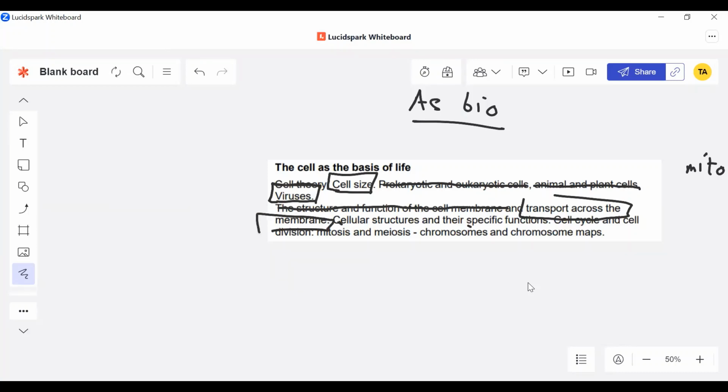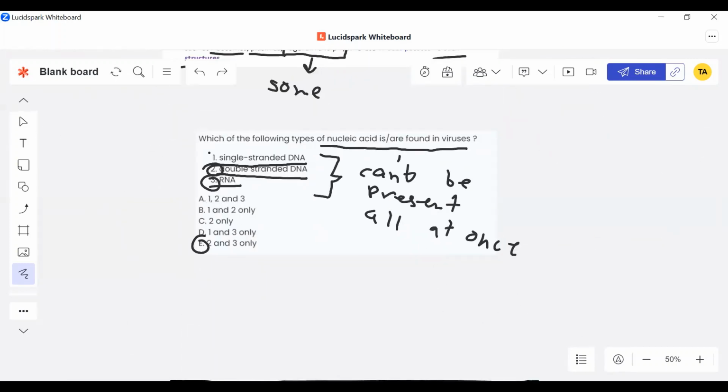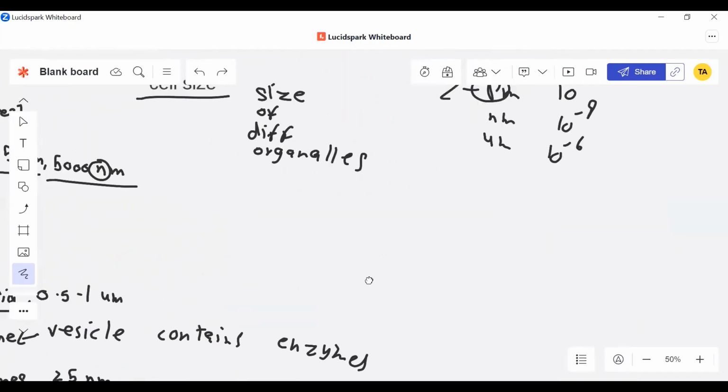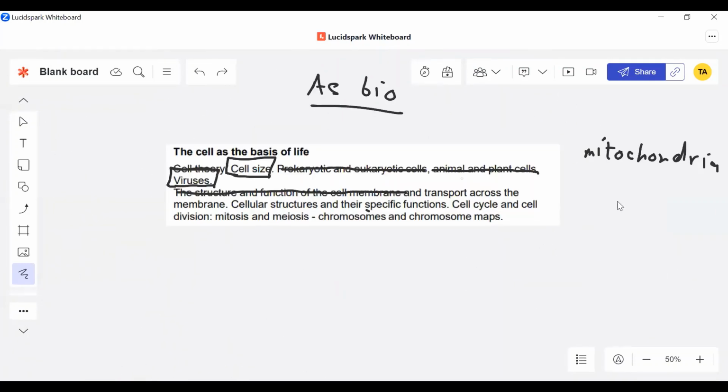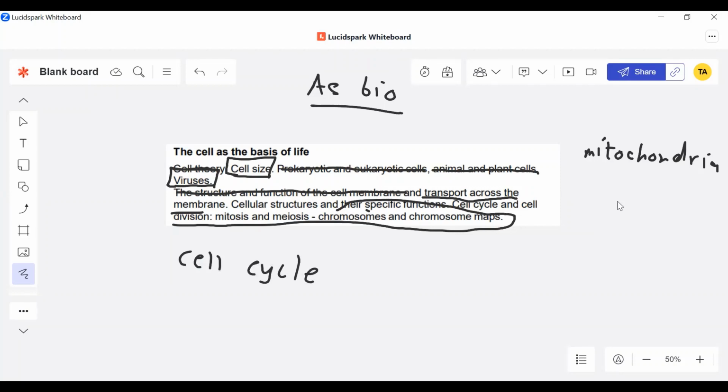I finished cell structure and their function, so for chapter 1, I'm only left with transport across the membrane and cell division and cell cycle. So these 2 chapters will be done this week, and I'll finish the first chapter of IMAT completely.